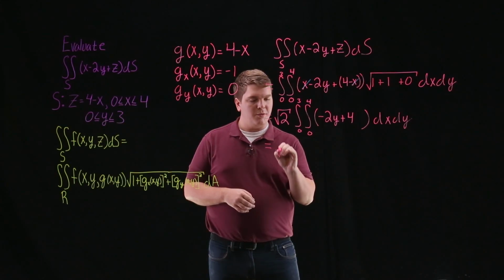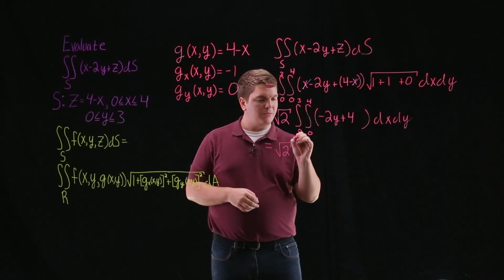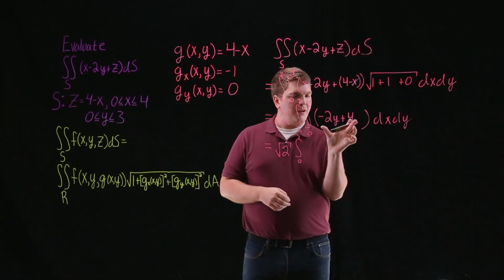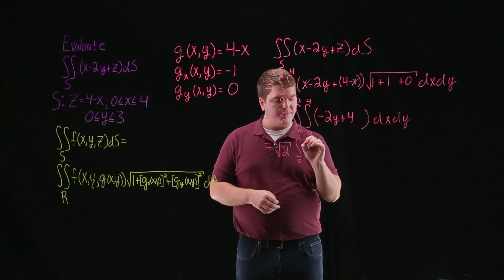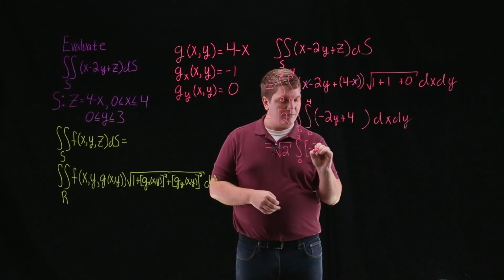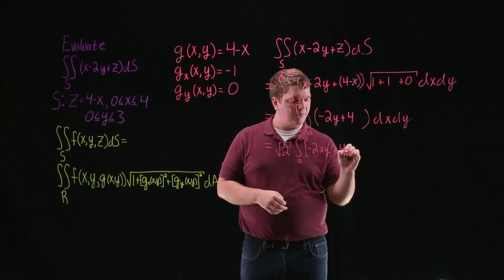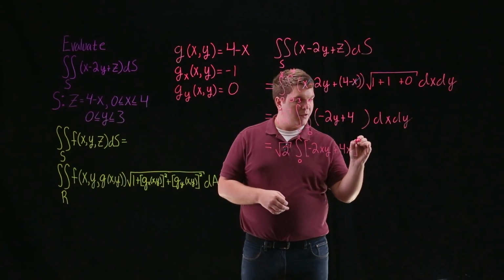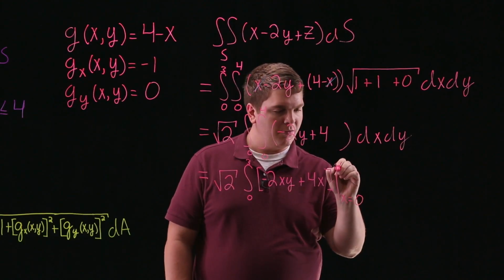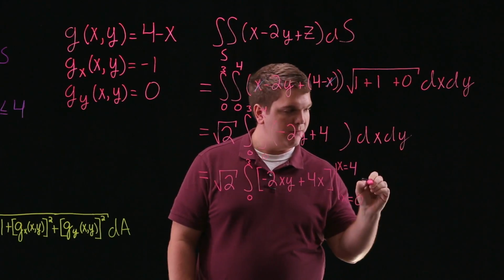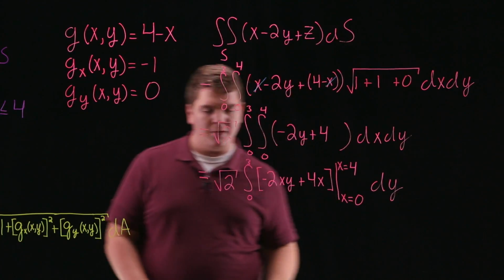So here, let's go ahead and integrate with respect to x. So this is going to be the square root of 2 times the integral from 0 to 3. If we integrate this with respect to x, we'll have a -2xy plus 4x. This we'll want to evaluate from x equals 0 to x equals 4, and then integrate with respect to y.